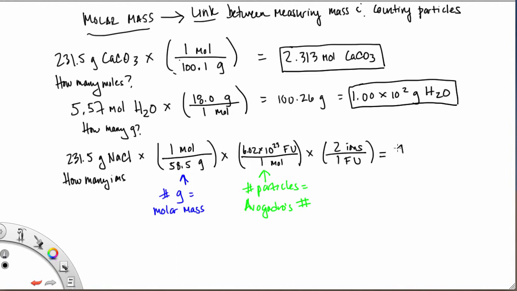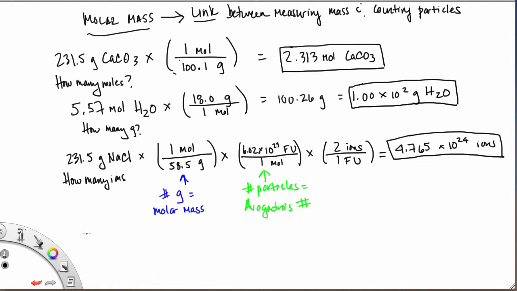And we end up with 4.765 times 10 to the 24th ions. So I've been able to calculate the number of particles just by measuring grams. Okay, that's pretty cool.